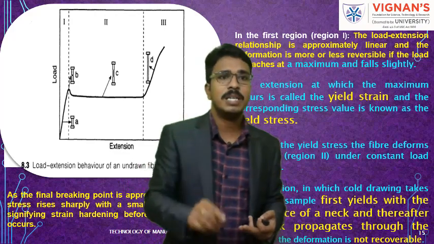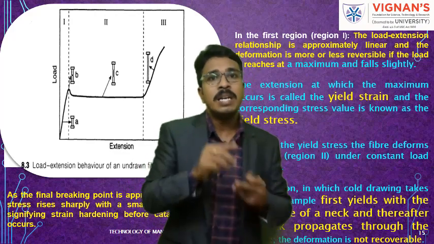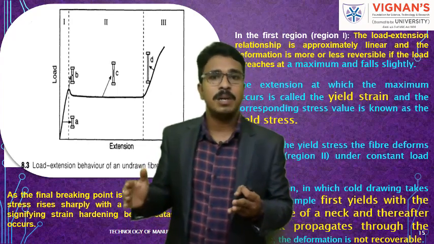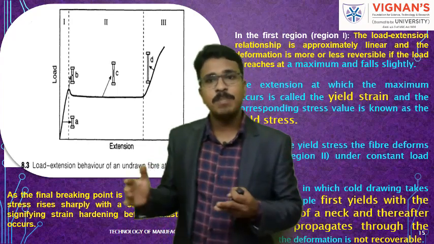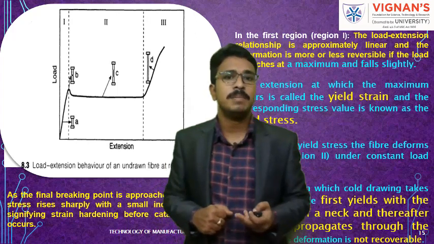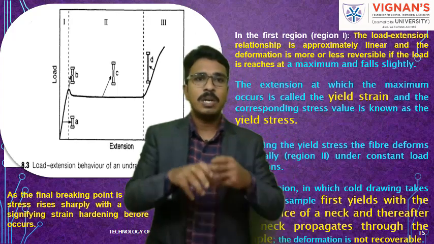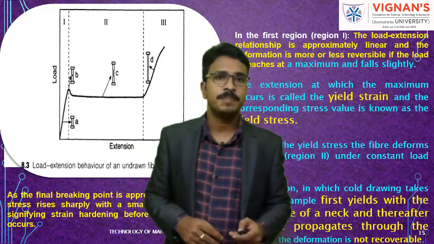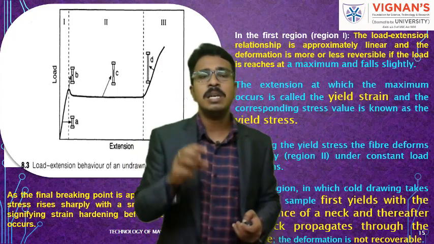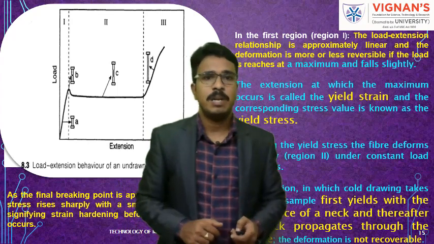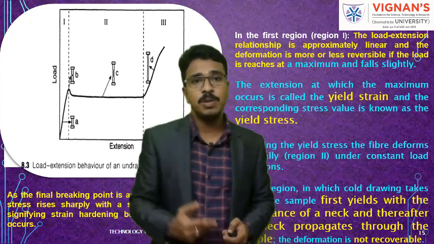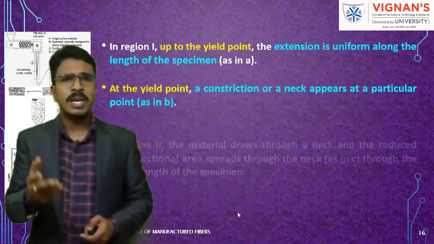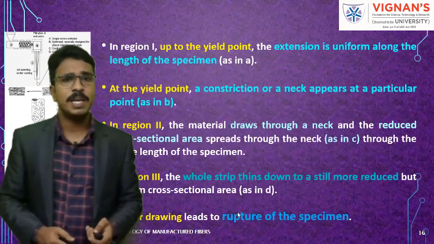You can observe that, that is B. And thereafter the neck propagates through the sample. Understand? Here the deformation is not recoverable. So this is the necking behavior of a thermoplastic polymer. Hope you understand this. Okay, so again the same thing I just explained.